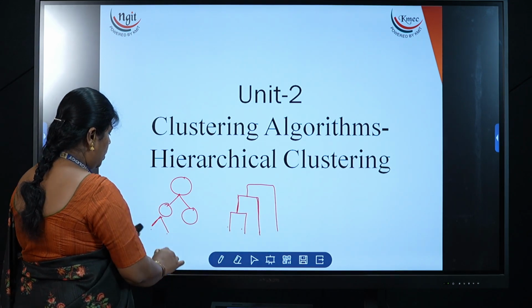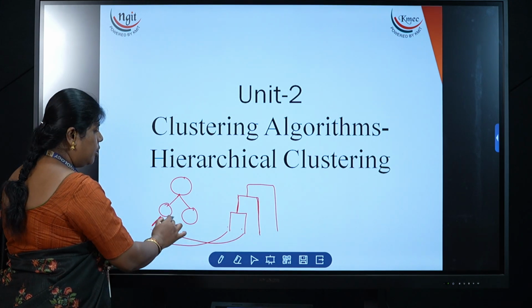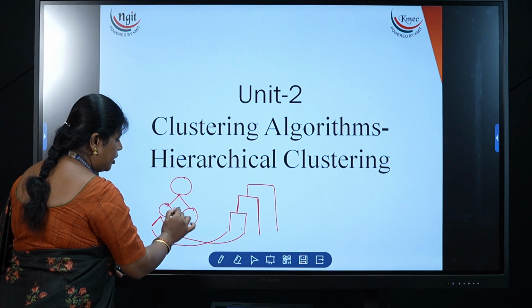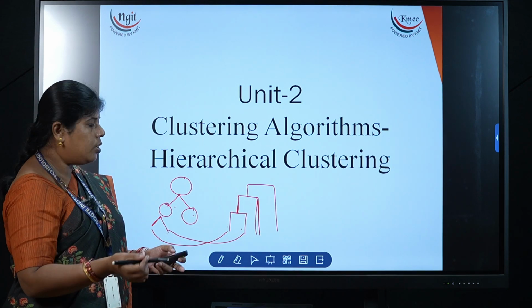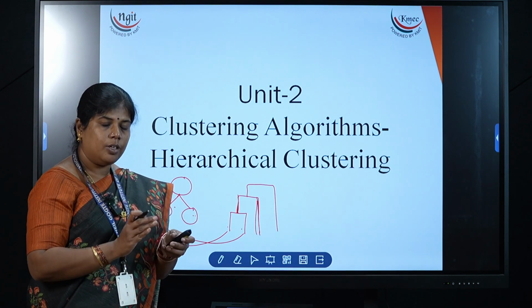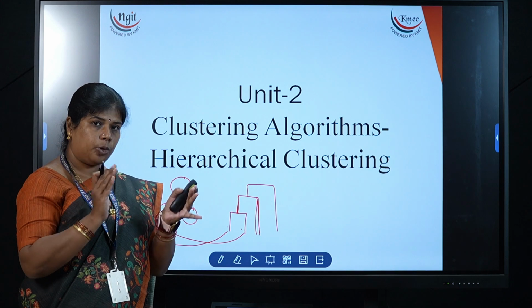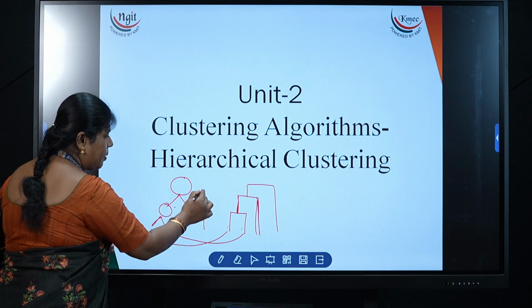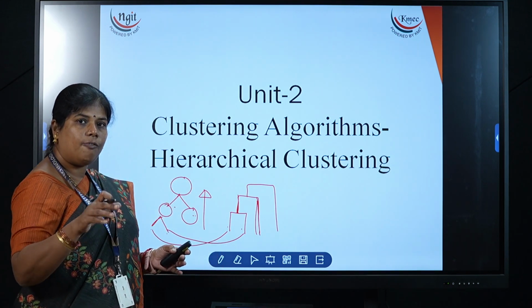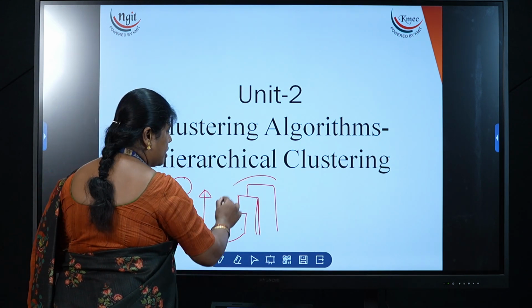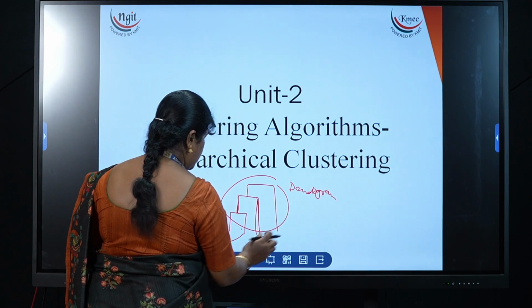Whatever grouping was done, whatever branches were divided, those are brought together from the bottom up direction, and that is known as agglomerative clustering. That is what forms a dendrogram. This structure is known as a dendrogram.